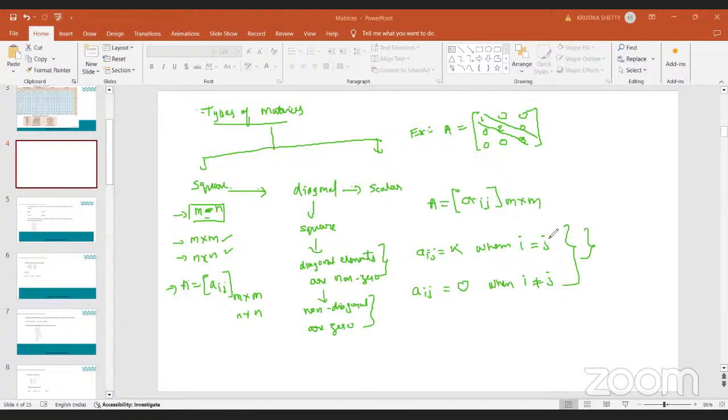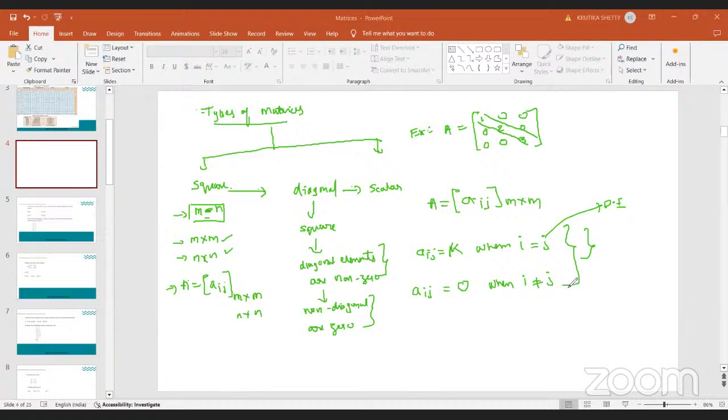The meaning of this is, i equal to j means diagonal elements. So the diagonal elements aij equal to k when i equal to j, meaning the diagonal elements will have one constant value, and aij equal to 0 when i is not equal to j.